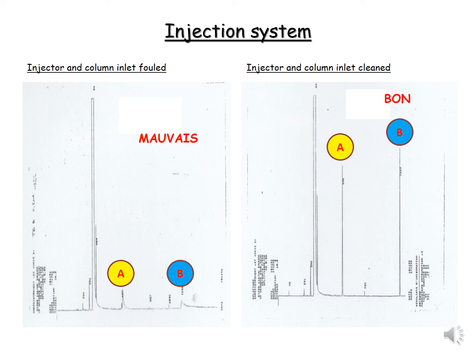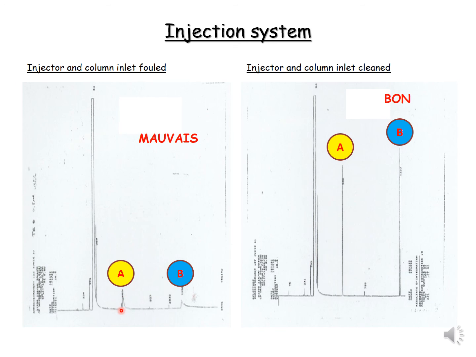Here you have an example about the injector and the column. You see here, this is bad and this is good, in French, I'm sorry. These are the results obtained for two separations. The only difference is that in one case the injector and column inlet are fouled, and in the other the injector and column inlet are just cleaned. Only the fact that we cleaned the injector, the glass liner and the column allows an increase in the efficiency of the separation.